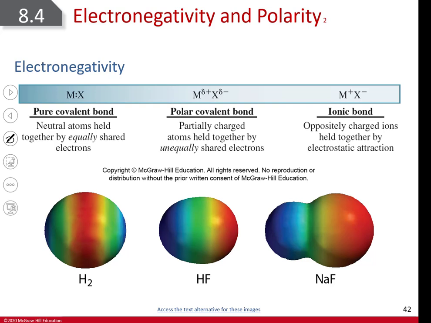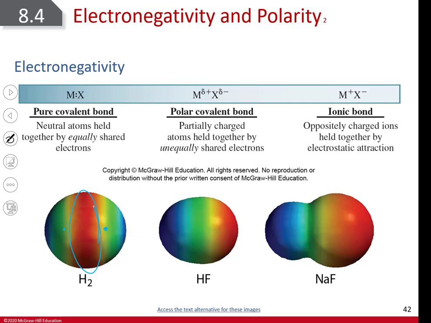Electron density maps show the regions that are rich in electrons, or in other words, where the electrons spend the most time, in red, and the regions that are electron deficient, or where the electrons don't go very often, as blue. So in the H2 molecule, and yes, there are two atoms here, they're just overlapping a lot, the electrons are spending most of their time in the region that is shared between the two atoms. So that is very equal sharing.